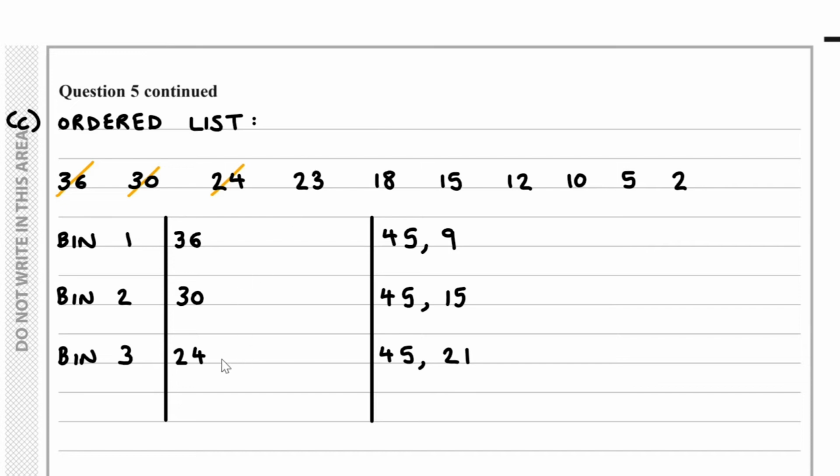Now, I need to place the 23 somewhere. There's not enough space in bin 1, there's not enough space in bin 2, there's not enough space in bin 3, which means I need to open up a new bin. So it's got space 45 when I open it, and placing the 23 into bin 4 will leave a space of 22.